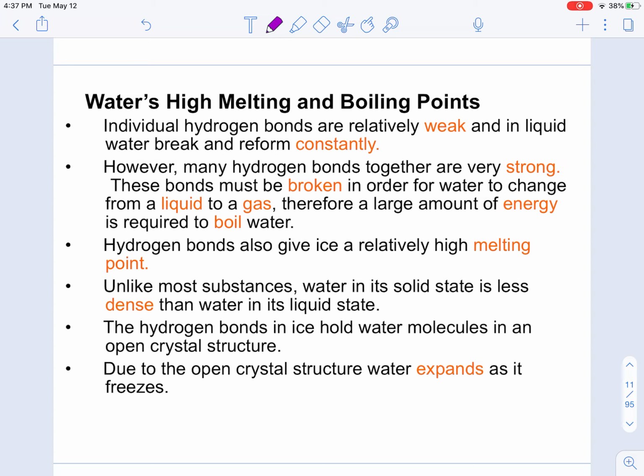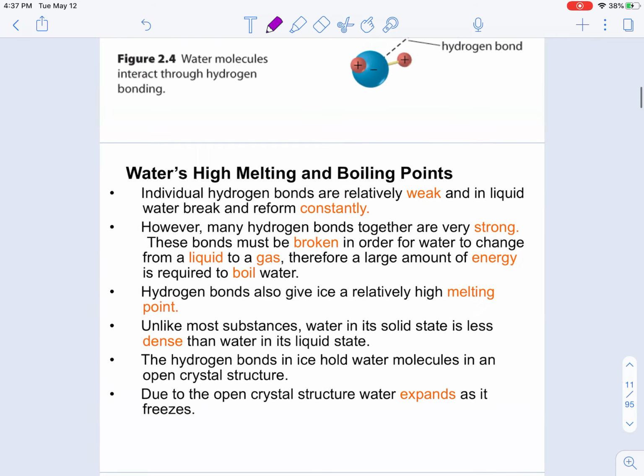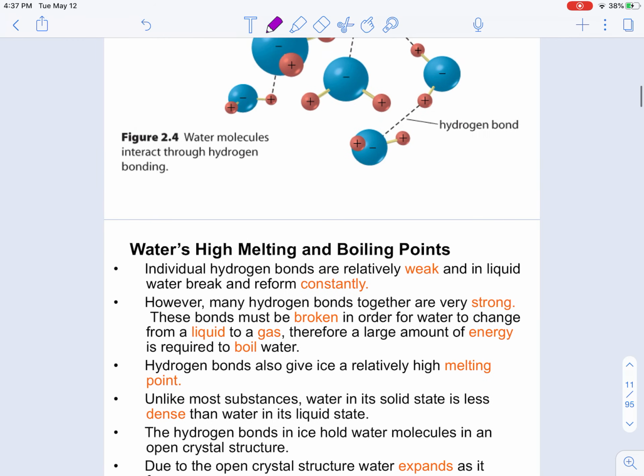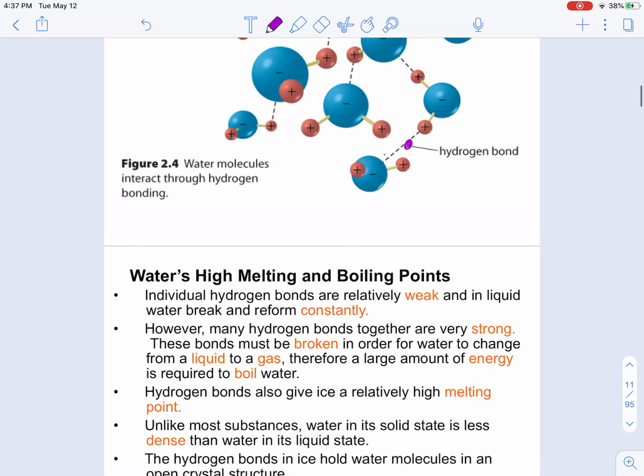In terms of the high melting point and boiling point, they go back to looking at that same concept of the hydrogen bonding, because those bonds are strong, and the hydrogen bonds are the bonds that are because the negative oxygen of one molecule is attracted to that positive hydrogen of the next one.